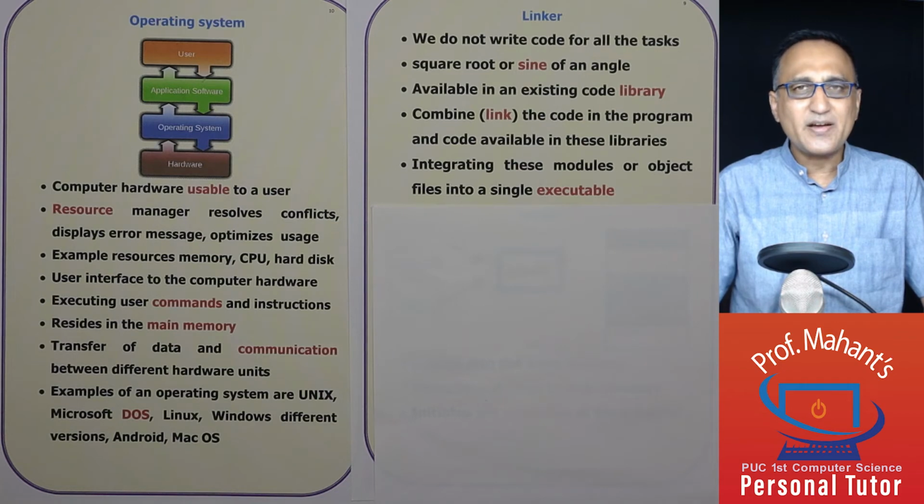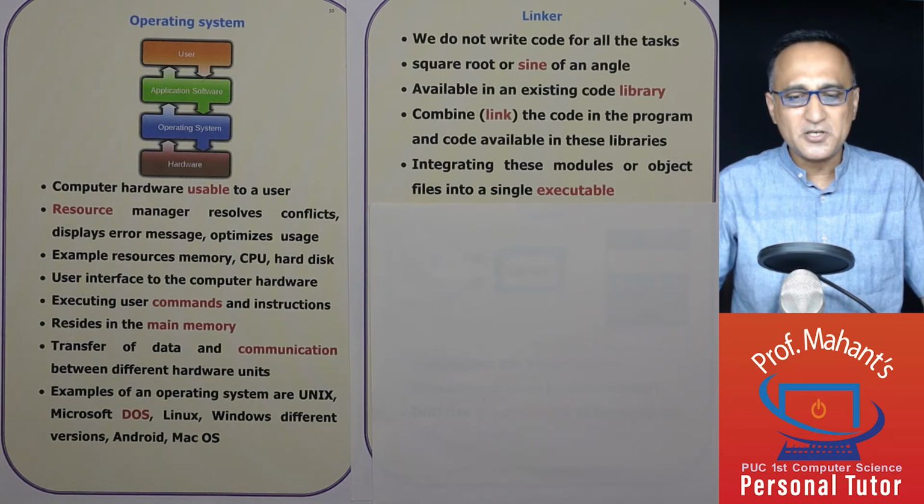Generally, when we are writing a program, we do not write code for every problem. For example, square root, finding the number of characters or length of a string, finding whether a character exists in a string, breaking down a string, calculating the sine of an angle, cosine of an angle. There is already pre-written code which is already in an object or machine form.